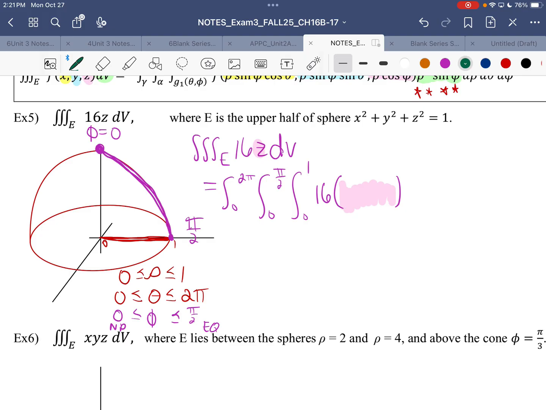Rho cosine phi. And then we're replacing dV with rho squared sine phi, and then do the order that you wrote them in.